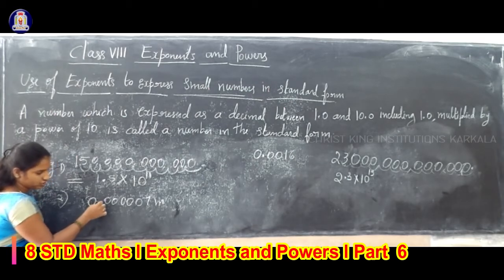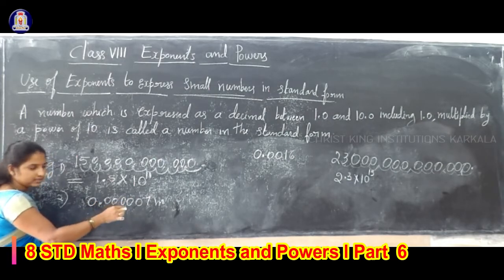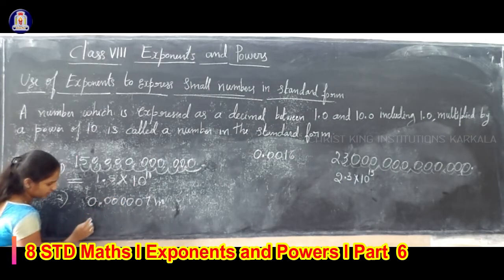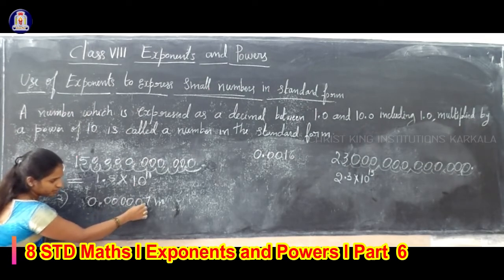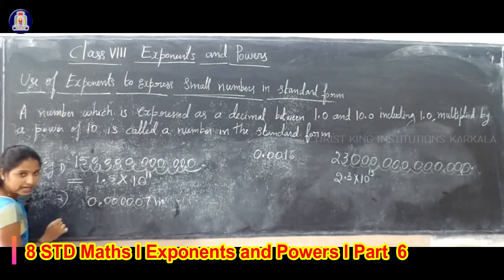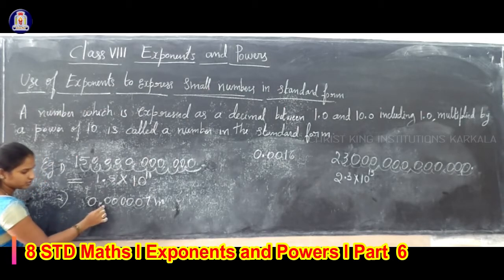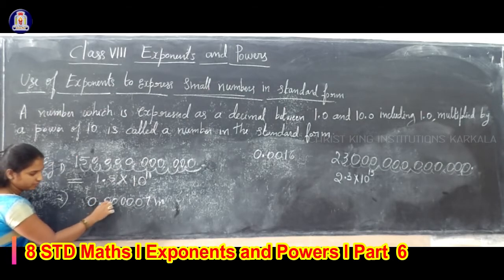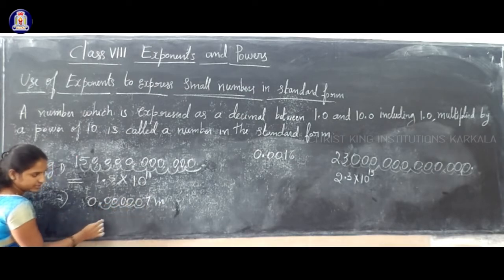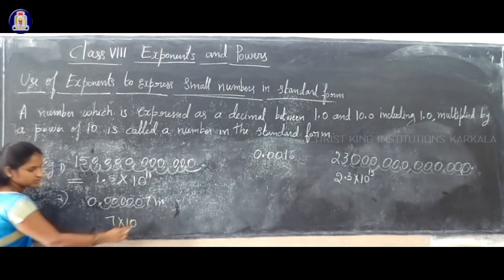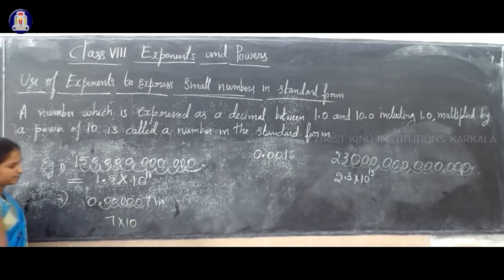In this type of question, what do we have to do? The decimal point is shifting to the right-hand side. Clear? So how can we move it? 1, 2, 3, 4, 5. Now we can write this as 7 into 10 power.